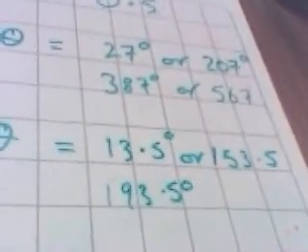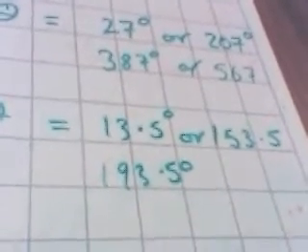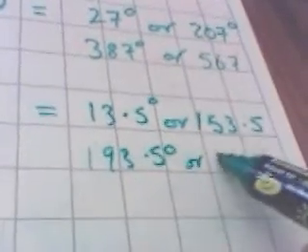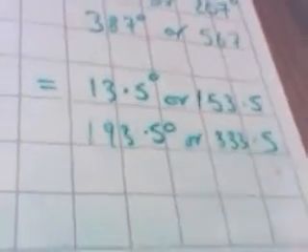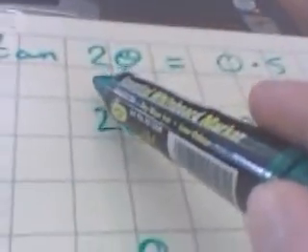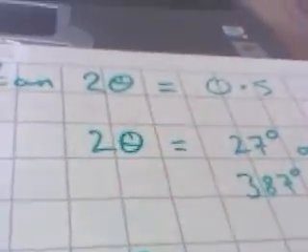And then we have 333.5. So there's your 4 solutions. Don't forget, if it's 2 theta you get 4 solutions, 3 theta you get 6 solutions, 4 theta 8 solutions, etc.